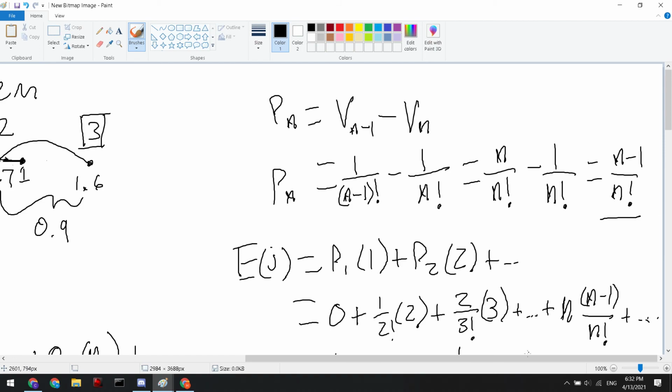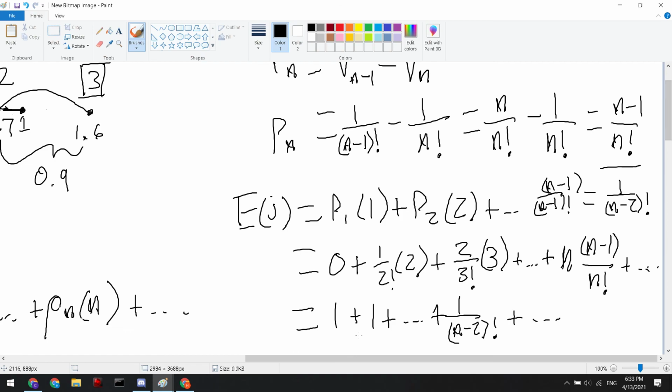Now, n over n factorial is 1 over n minus 1 factorial, but 1 over n minus 1 factorial with n minus 1 over it is just 1 over n minus 2 factorial. And so, in essence, what we're doing is we're just summing up the reciprocals of factorials.